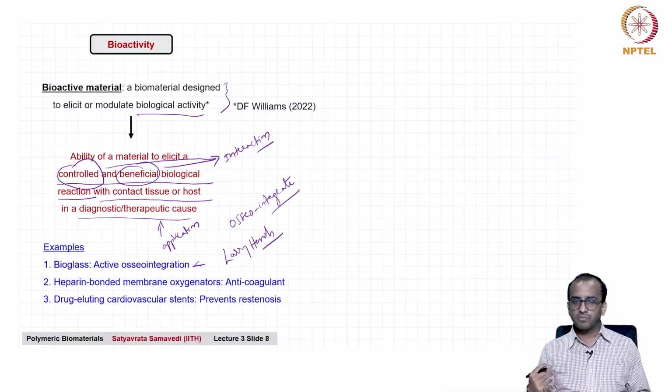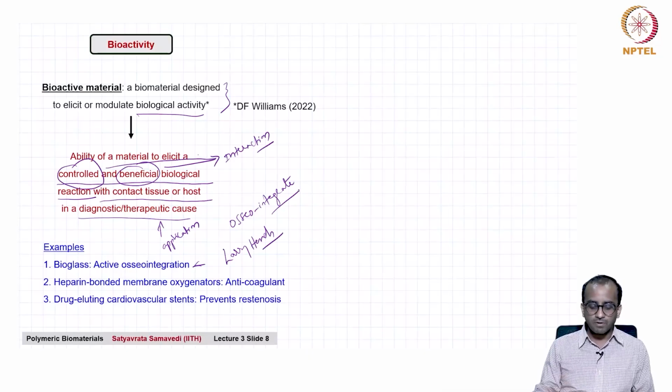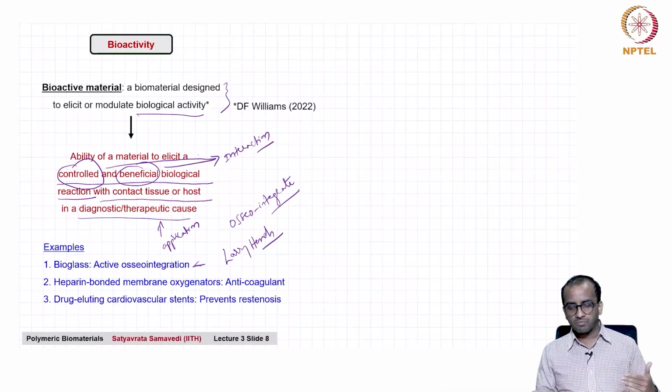In other words, new bone can be formed around the material without soft fibrous tissue intervening in between. So, bioglass is bioactive because it has successfully elicited a host response, and the bone cells surrounding the bioglass have been able to grow, proliferate, and new calcified bone has been able to deposit. So, this is an example of a controlled and a beneficial biological reaction, right.